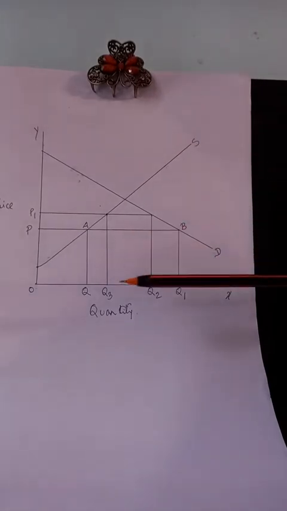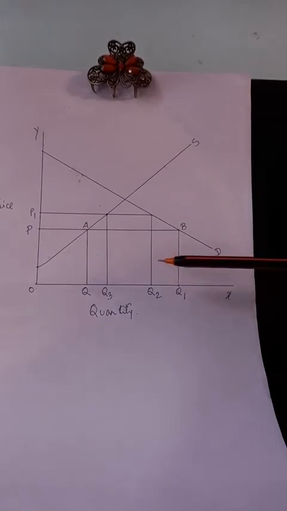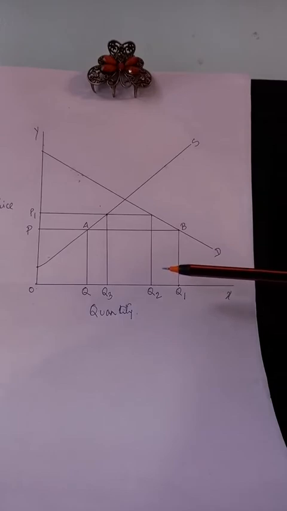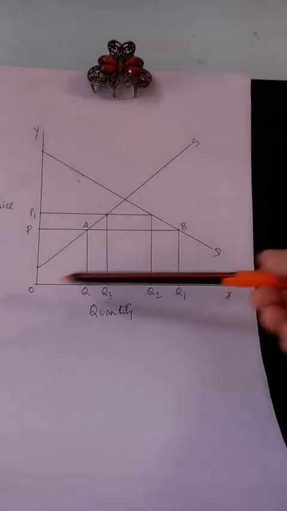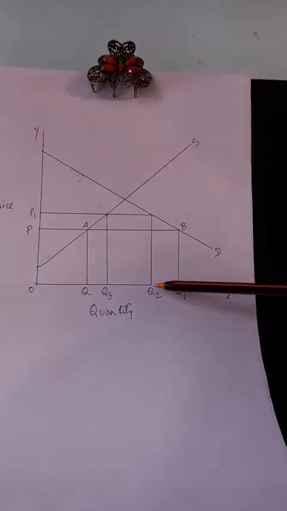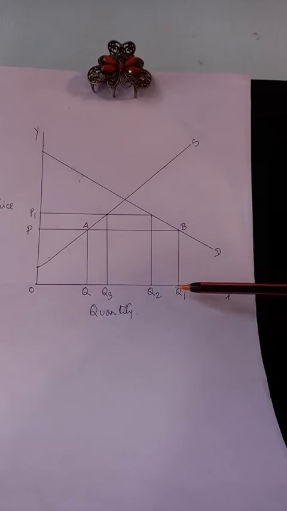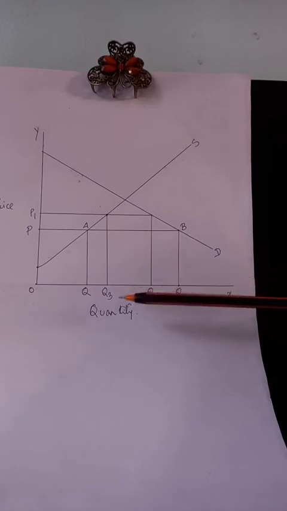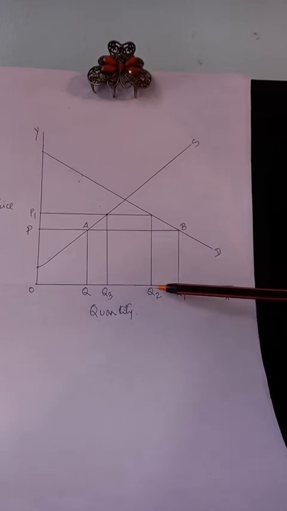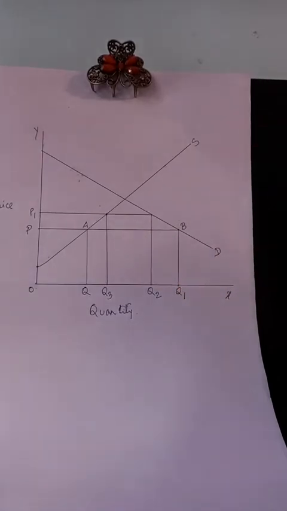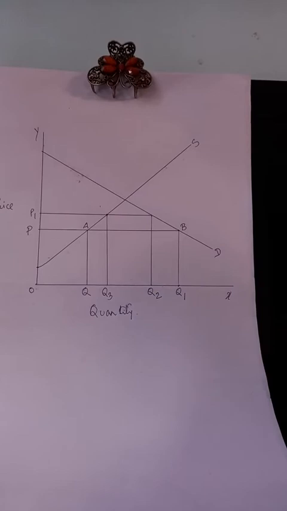And the total quantity demanded, earlier it was OQ1. But now, after the imposition of a tariff, the demand also decreases from OQ1 to OQ2, which means earlier QQ1 was being bought from outside, but now only Q3Q2 is being bought from outside. That means most of the demand is being met by domestic production.